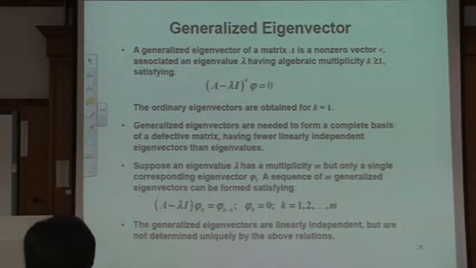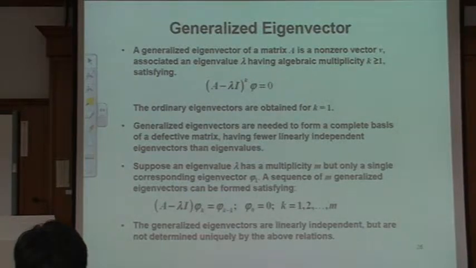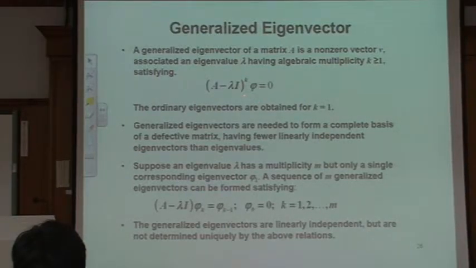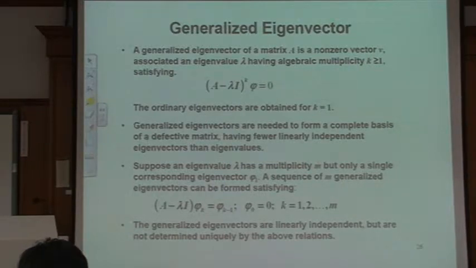If we have power k here, this matrix multiplied by itself k times, times the eigenvector, and the whole thing equals 0, in this case we call this phi a generalized eigenvector. When k equals 1, it reduces to the original case we already talked about, the ordinary eigenvector.